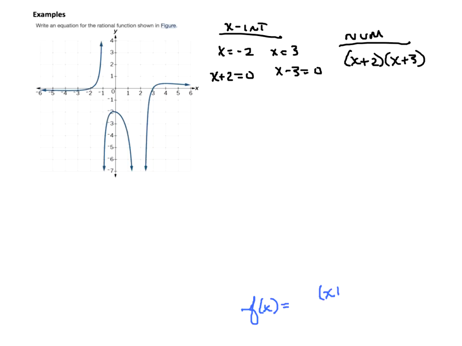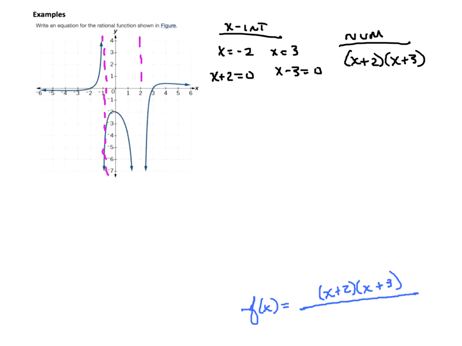And so far, I know that the equation of this function in its numerator has x plus 2 times x minus 3. That's what I know so far.